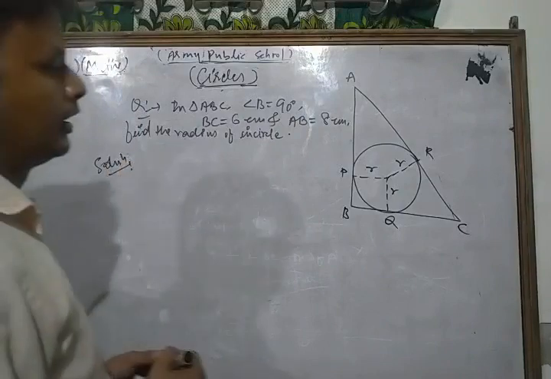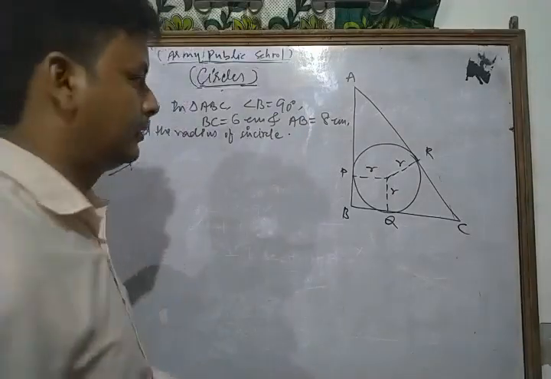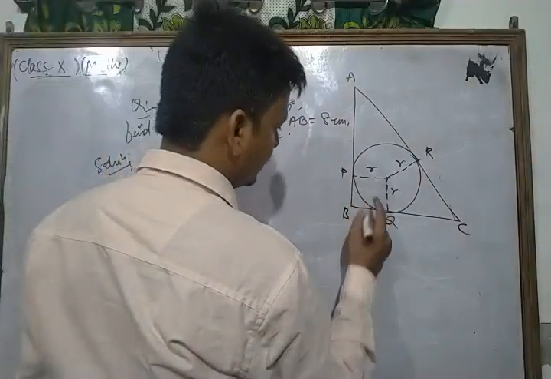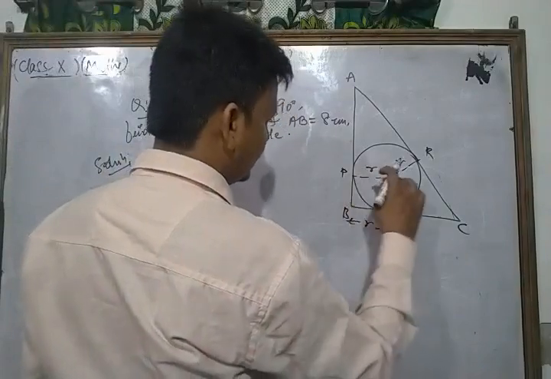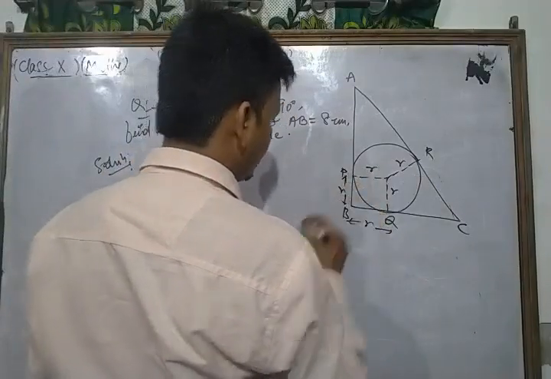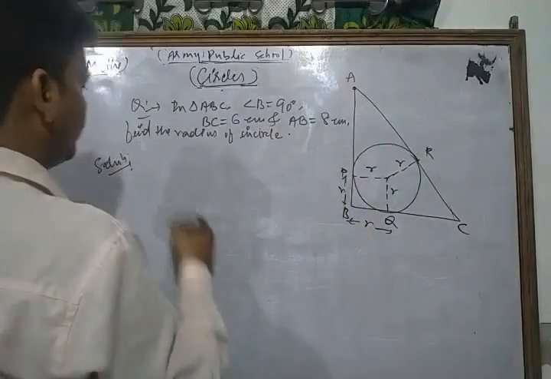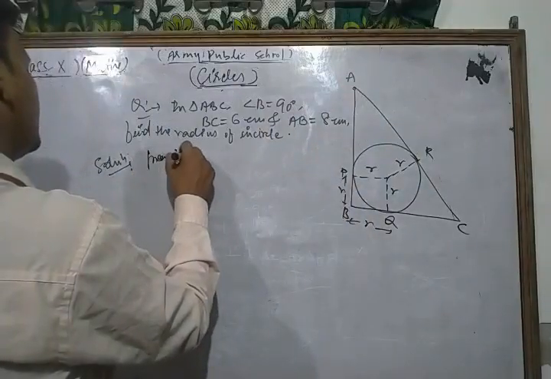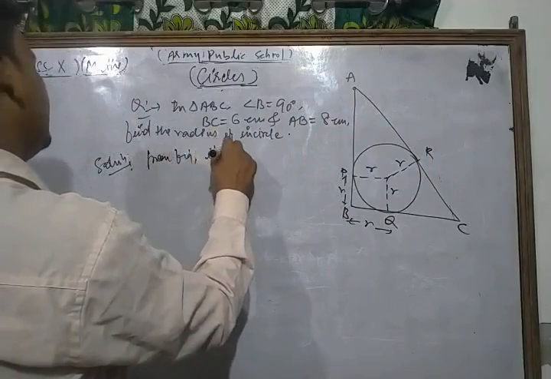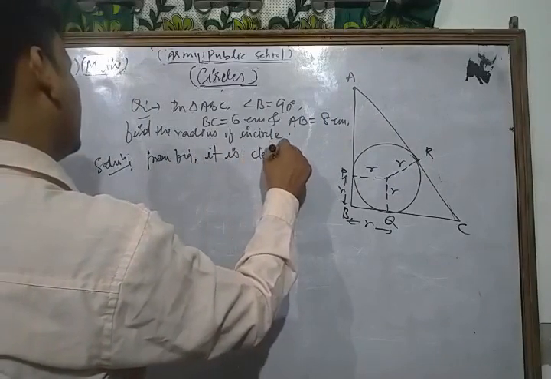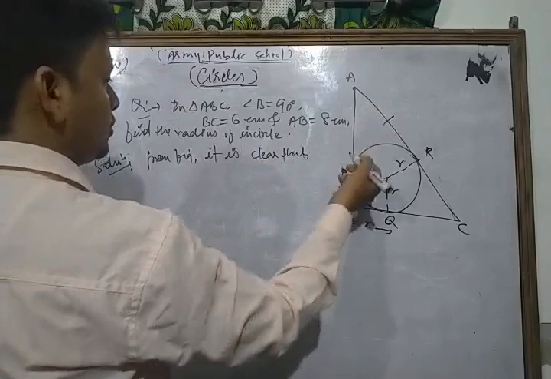Dear friends, it is clear from the figure that this is R, so this is equal to R, and this is R, so this is equal to R. We know that the tangents from an external point to a circle are equal to each other. From the figure it is clear that AR is equal to AP.